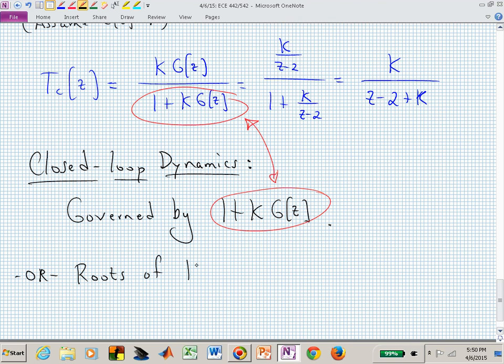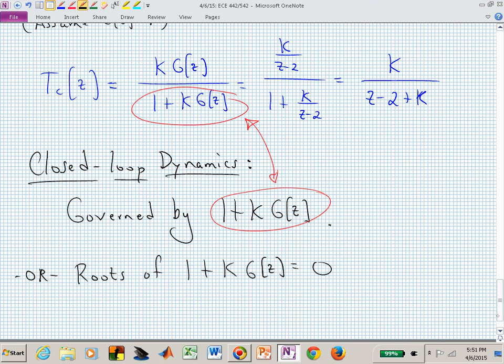Those are the roots of 1 plus kG of z equaling 0. The values of z that satisfy that are my poles in my closed loop system, and those govern my dynamics. And I'm looking at those for all different values of k, and in particular for k between 0 and infinity.